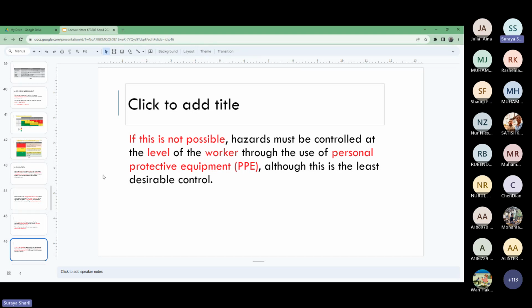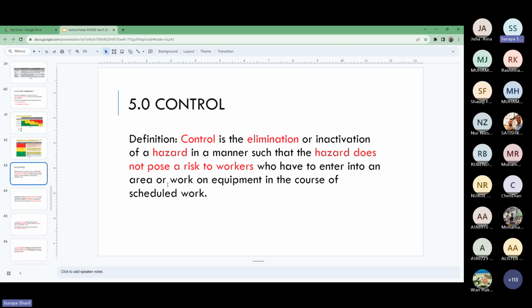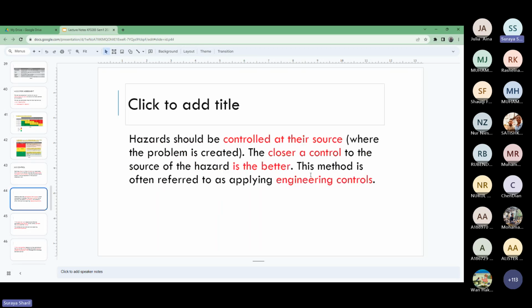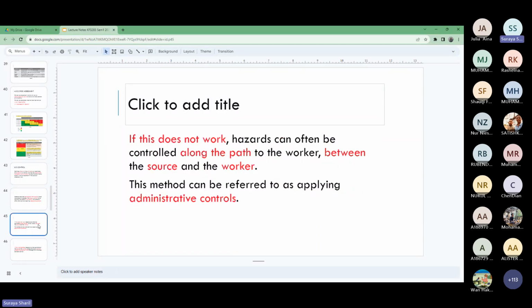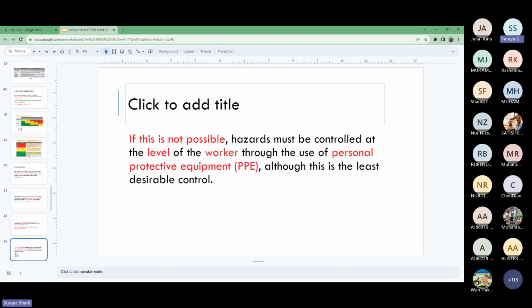So there are three levels: the first is engineering control at the source. The second is administrative control, which is between the source and the worker. And the last one is at the level of the worker using PPE, or personal protective equipment.